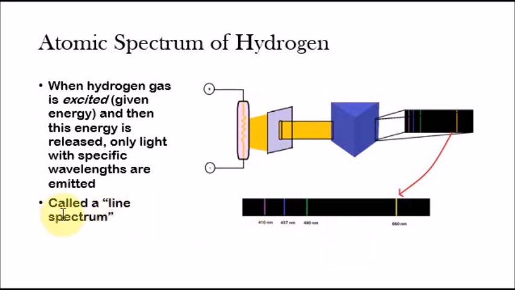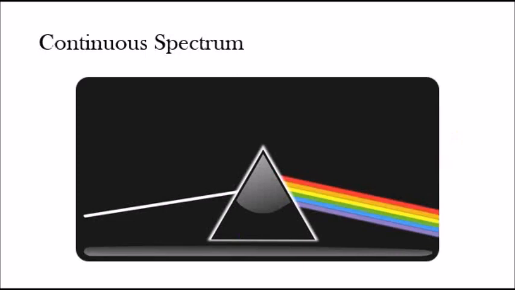Okay. And actually, all compounds and all elements have different line spectrums, depending on what the element is. But you're never going to see what is called a continuous spectrum. It's called a line spectrum. In comparison, we have a continuous spectrum. This is probably something you're familiar with. So you know what a rainbow is.